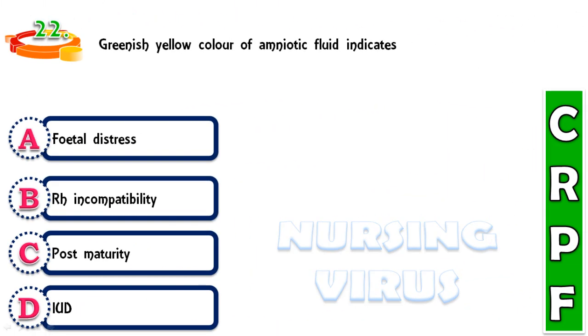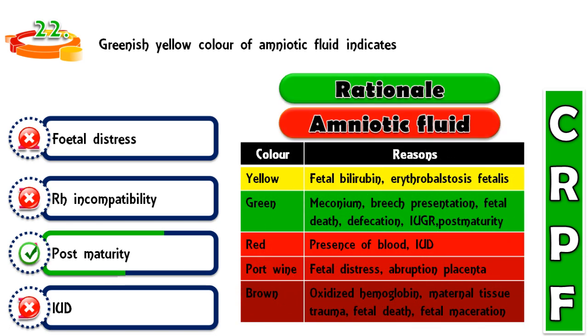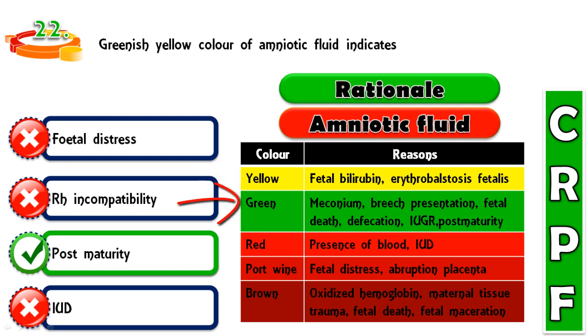22. Greenish yellow color of amniotic fluid indicates fetal distress, Rh incompatibility, post-maturity, IUD. So the correct answer is post-maturity. Yellow amniotic fluid indicates fetal bilirubin and erythroblastosis fetalis, and green indicates meconium, breech presentation, fetal death, defecation, IUGR, and post-maturity.